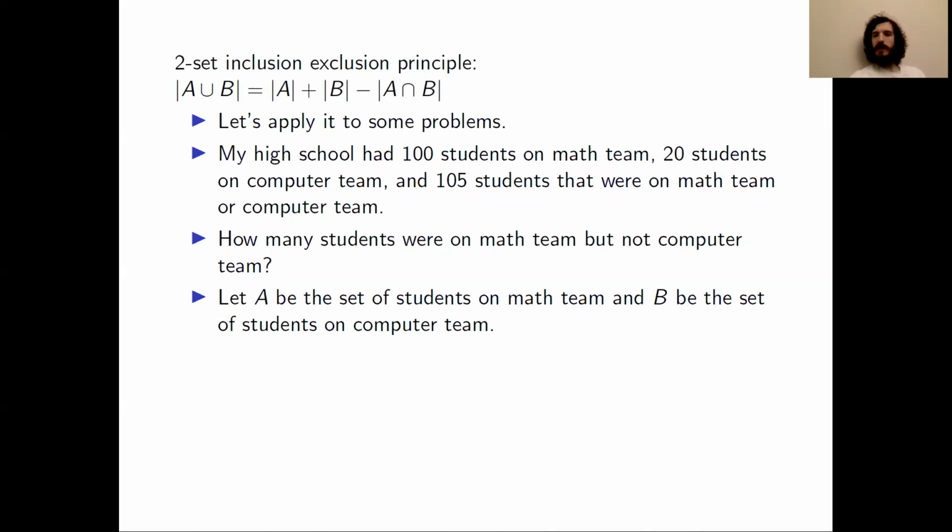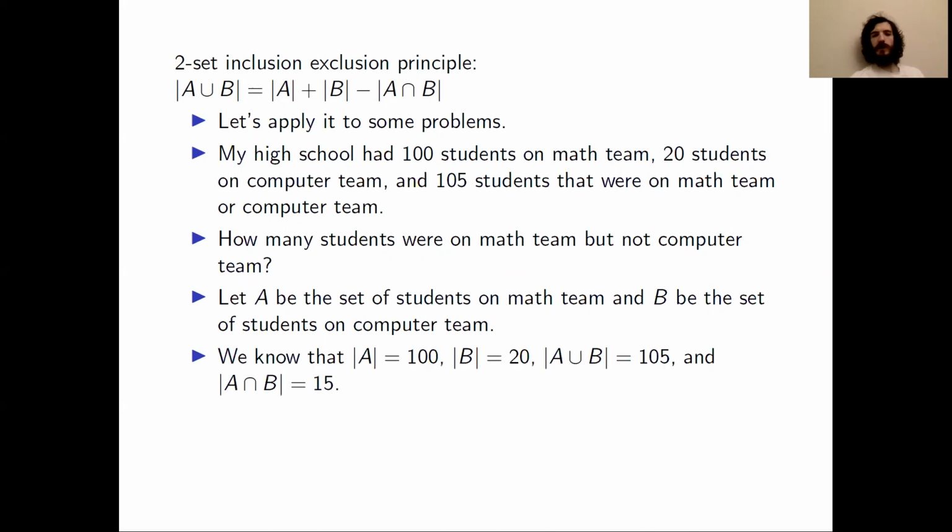Again, A is the set of students on math team, and B is the set of students on computer team. Again, we have the exact same cardinalities of A, B, A union B, and A intersect B: 100, 20, 105, and 15 respectively.